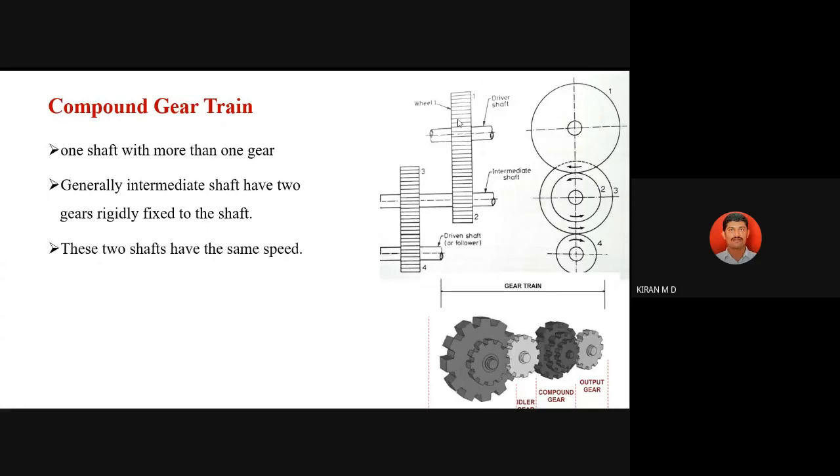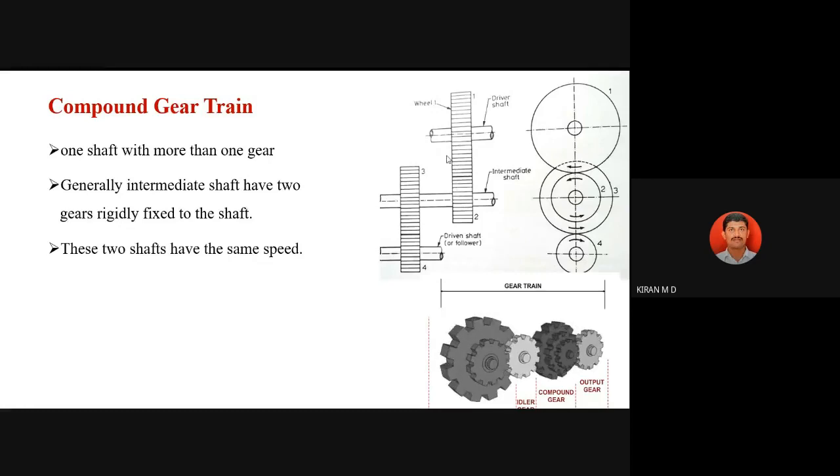See this shaft one, driver and driven: the distance between driver and driven is the same. Instead of using one gear, we are using two gears, which means a compound gear, so it will give more velocity ratio.